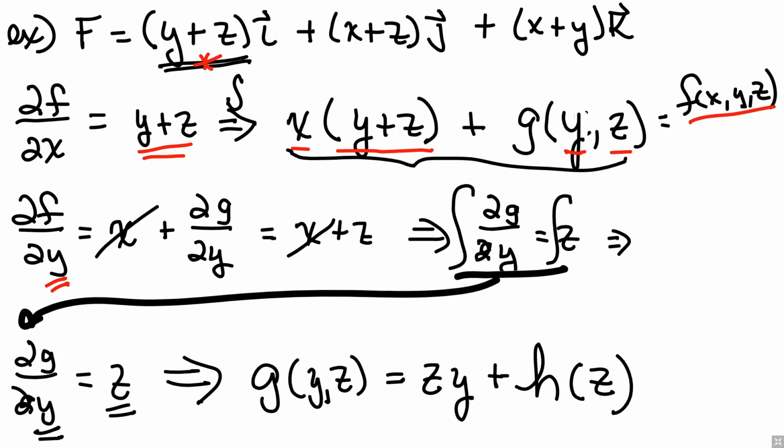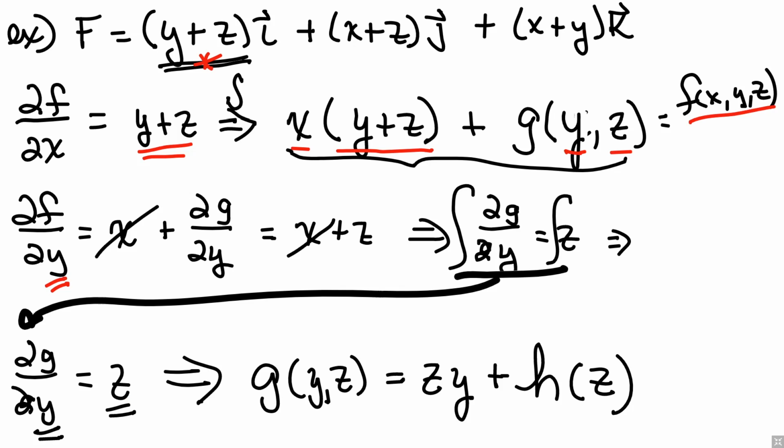Now, this whole expression is equal to the partial of f with respect to y, which is going to be the next component. That's why we said this is equal to x plus z. Well, the x's are going to cancel. So what I end up with is that the partial of g with respect to y is equal to z.